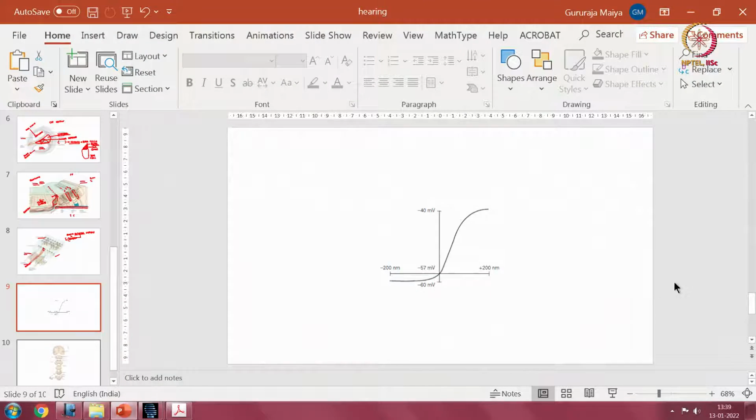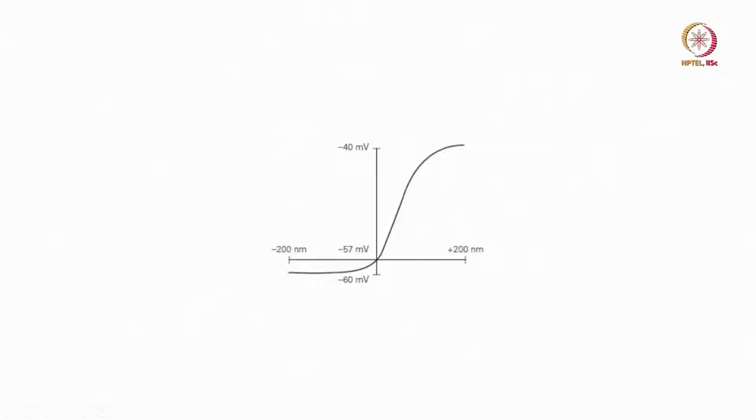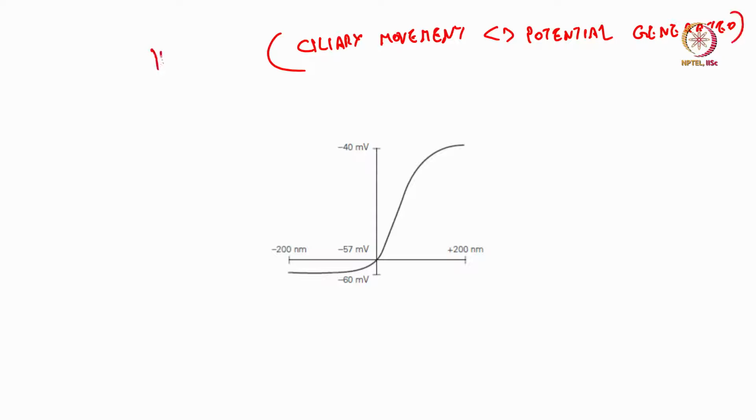So, one thing which I wanted to showcase over here is this very interesting phenomenon which I thought I should discuss with you. Somebody has done some analysis of ciliary movement to potential generated, that is in hair cell.